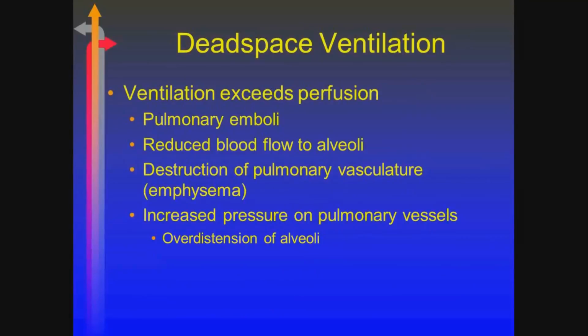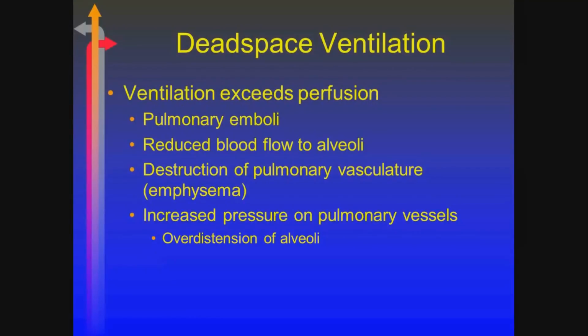So dead space, again, are those situations where ventilation exceeds perfusion. And for right now, I'm not going to require you to memorize why that would happen, just that it does. But the classic example is a pulmonary embolus. Someone where a blood clot or some other substance obstructs the pulmonary blood flow, and you end up having alveoli that are ventilated but not perfused.